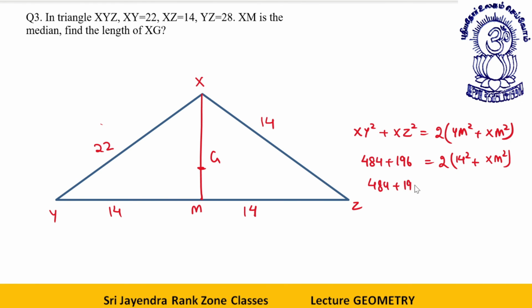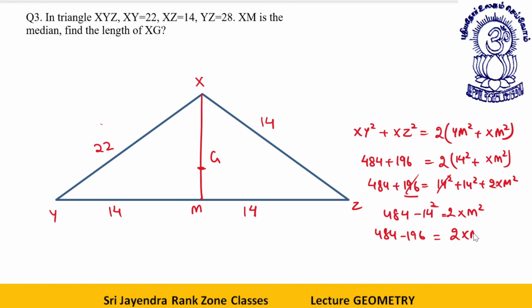484 plus 196. I am not cancelling 2. Why? Because it will make my life easy over here. 14 square plus 14 square plus 2XM square. This is 484, this 196, and this will cancel. Minus 14 square is equal to 2XM square. So that gives me 484 minus 196 is equal to 2XM square.